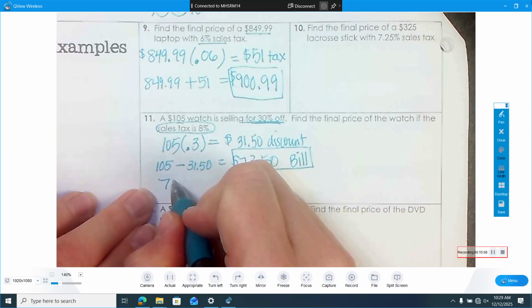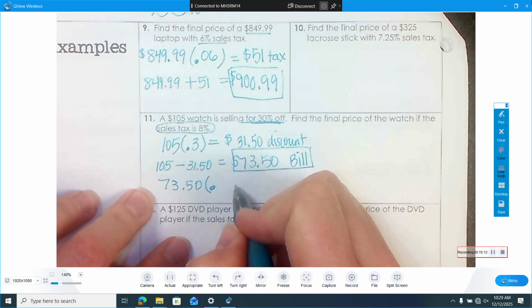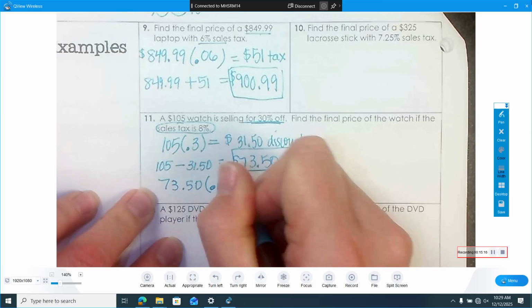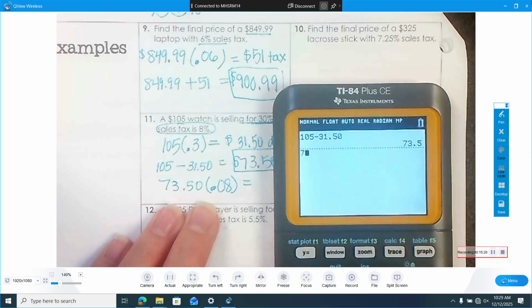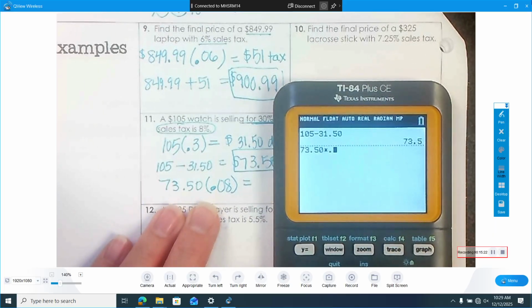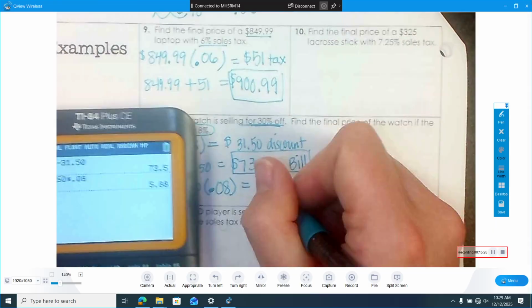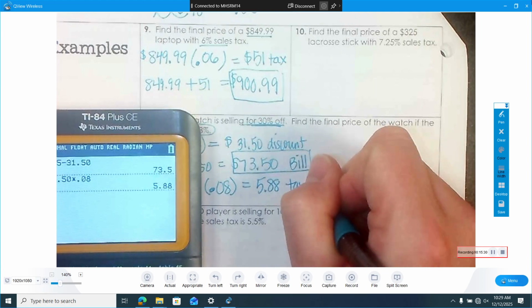So we take $73.50 times our sales tax. What's the sales tax? 0.08, yep. So $73.50 times 0.08 is $5.88, and that's the tax.